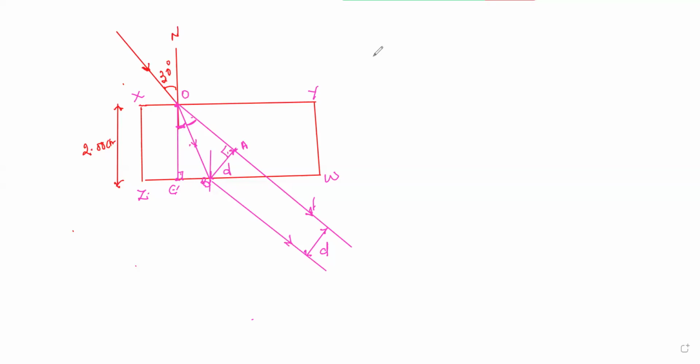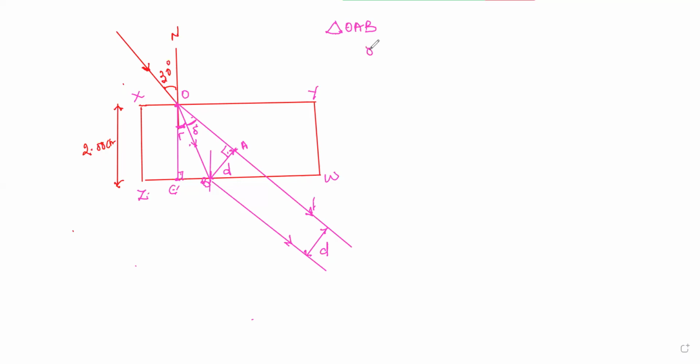So if we consider the right angle triangle OAB, and the angle of incidence, this is the angle of refraction. This angle here, let's indicate this as sigma, a symbol.